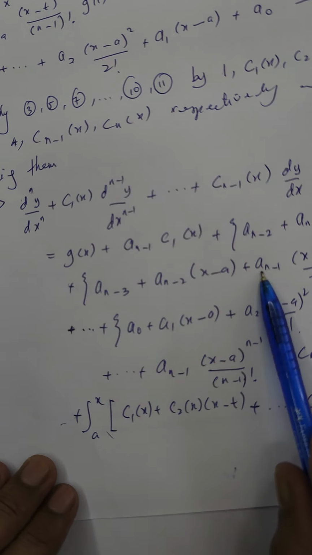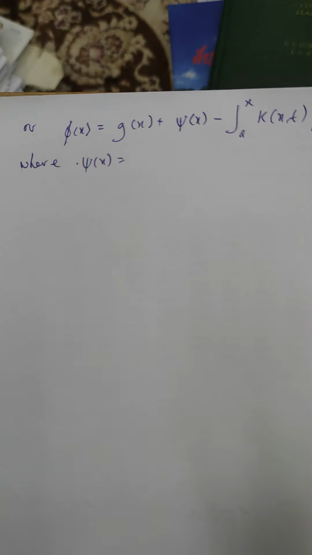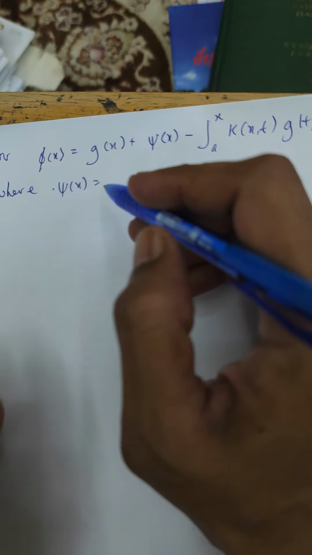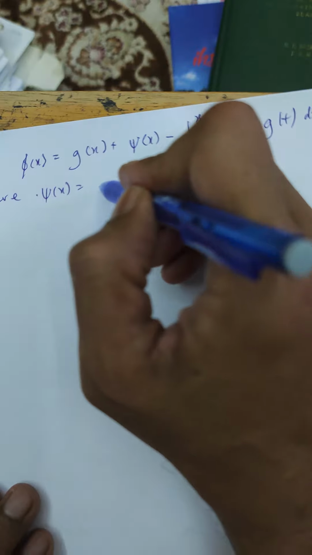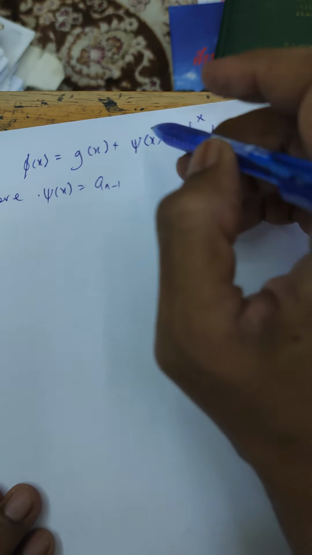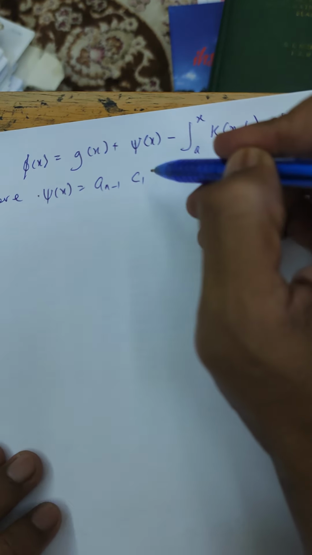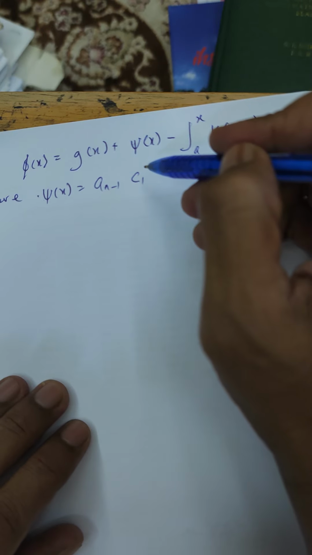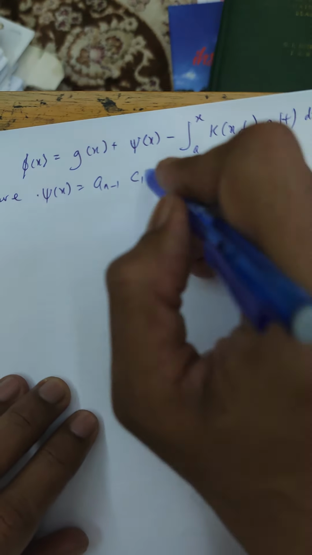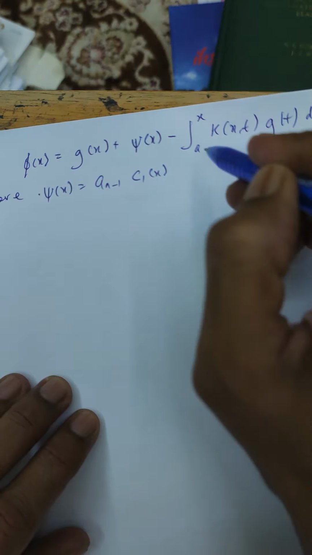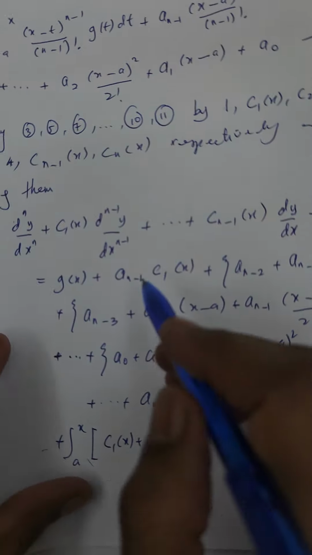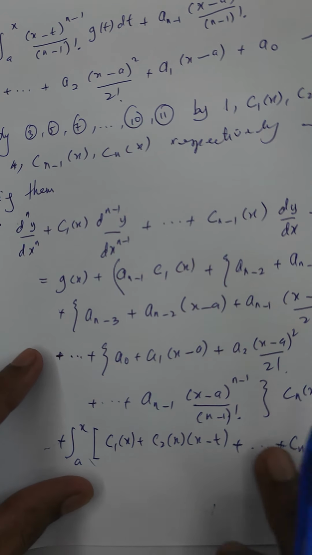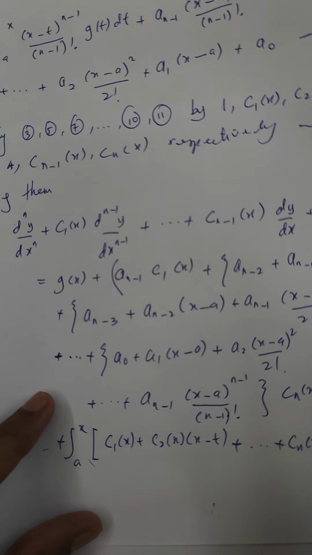It's getting long to write. So phi(x) equal to a_(n minus 1) C1(x) plus everything inside here, to the end here.